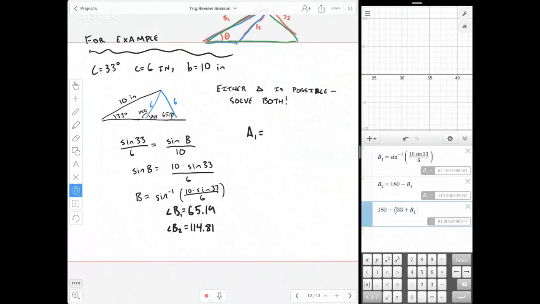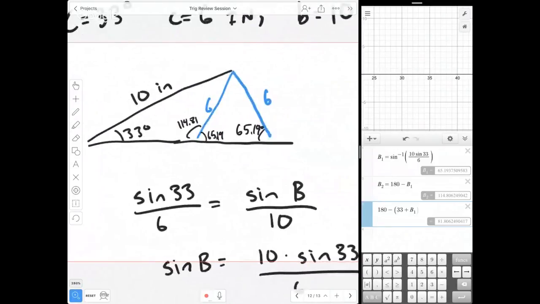So angle A in triangle number 1 is 81.806. 81.806. So that's this angle A, 81.8 degrees. But angle A could also be this.